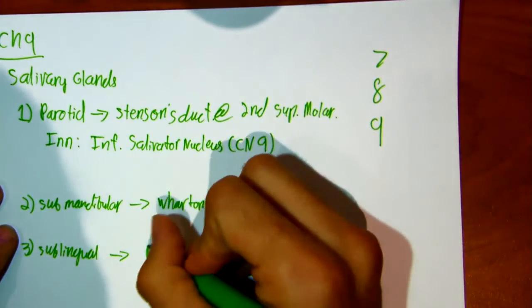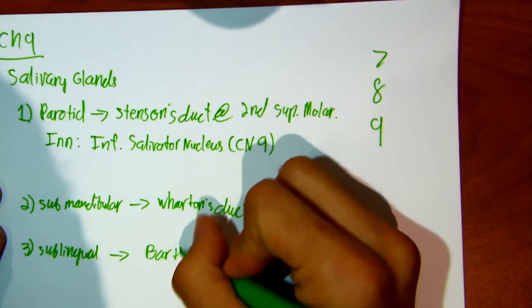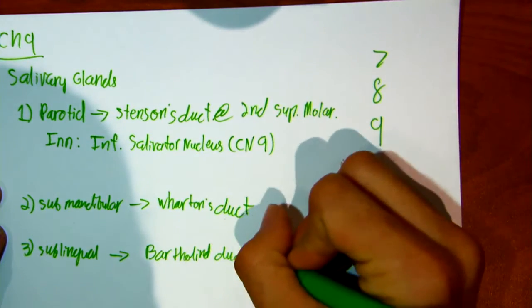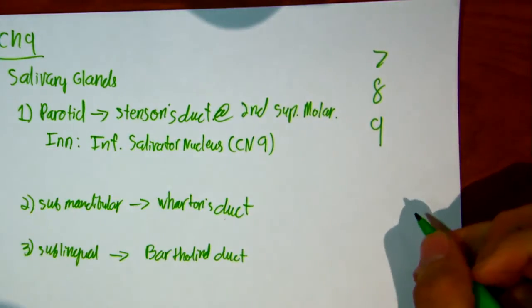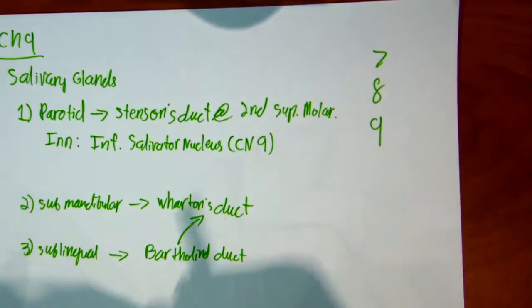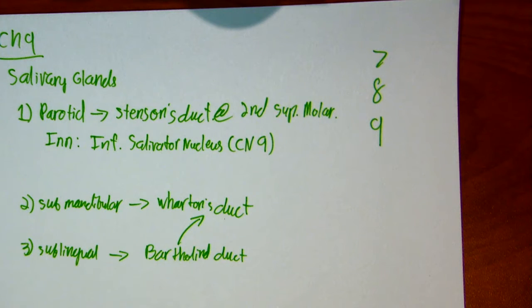Yeah, Bartholin's duct. From what it says in your textbook, Bartholin's duct will actually also join Wharton's duct. One of its few drainages. Sublingual will also have direct drainages into your mouth.